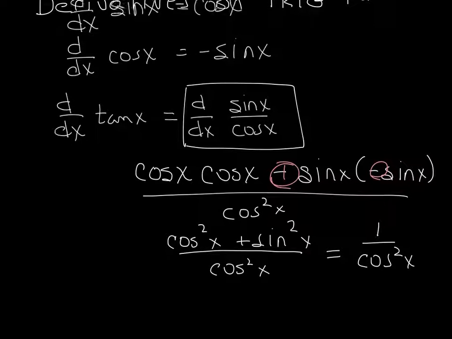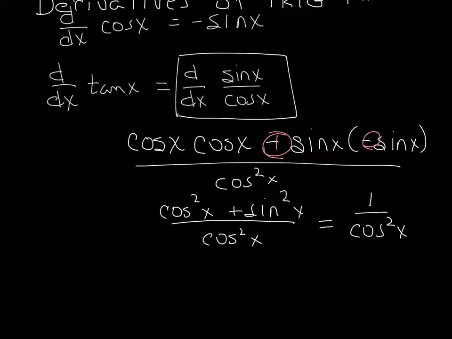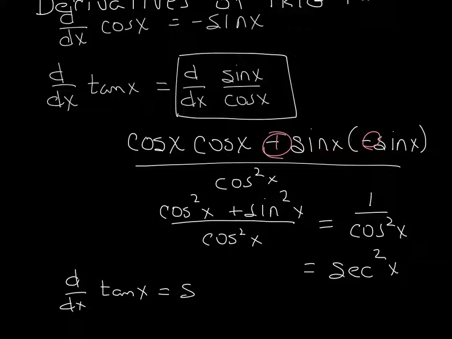And if we simplify that, we get secant squared x. So we can see that the derivative with respect to x of the tangent of x is equal to the secant squared x.